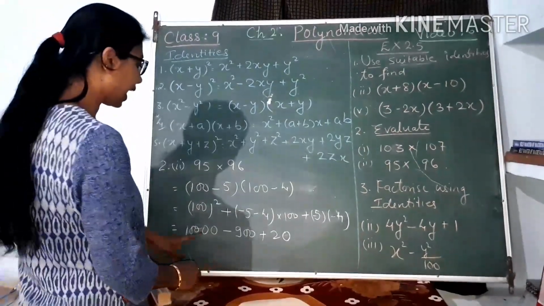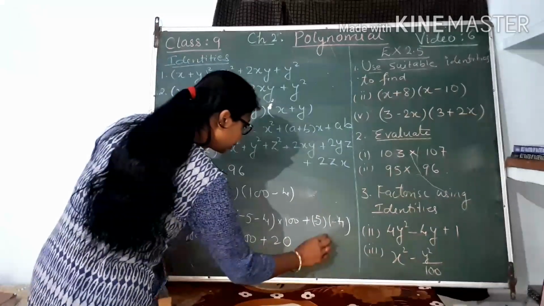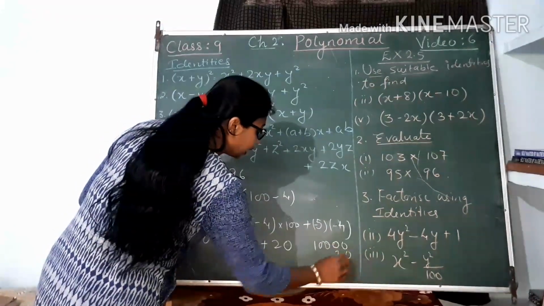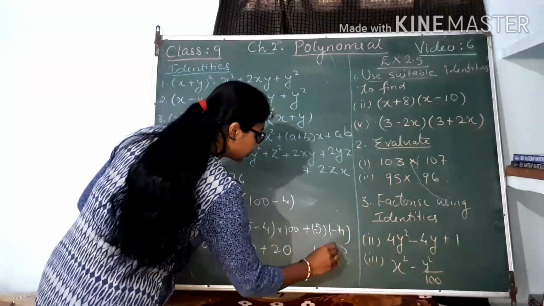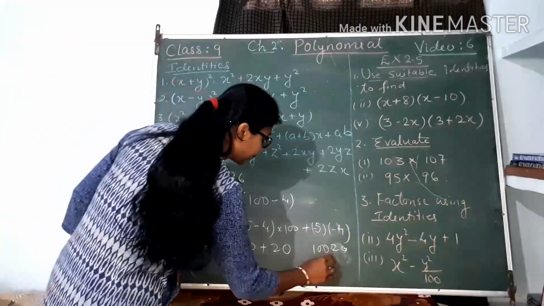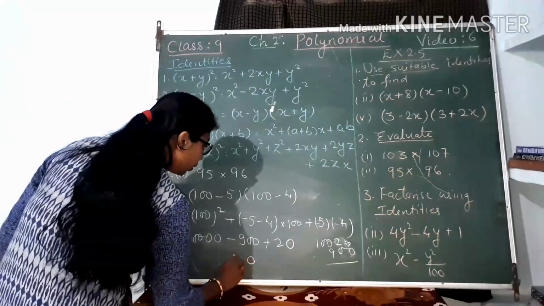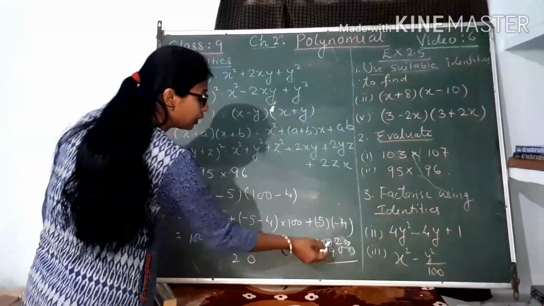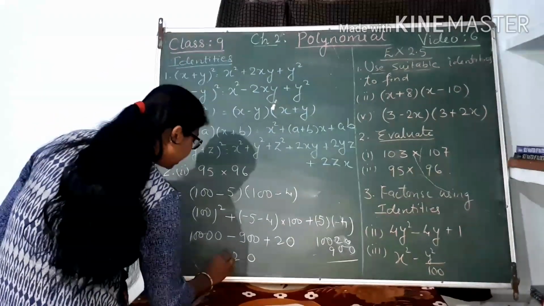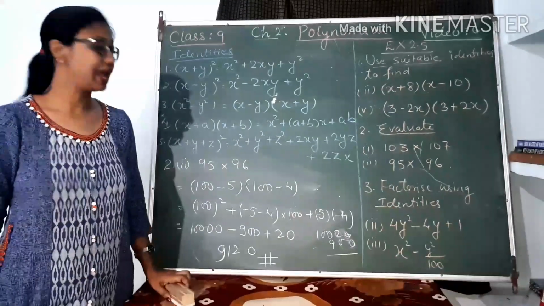So when you add, 10,000 plus 20 gives you 10,020, and if you subtract 900 gives you 9,120. This will be your answer for the second part.